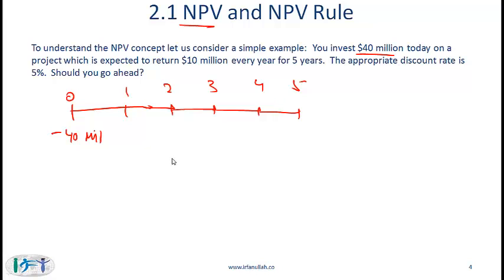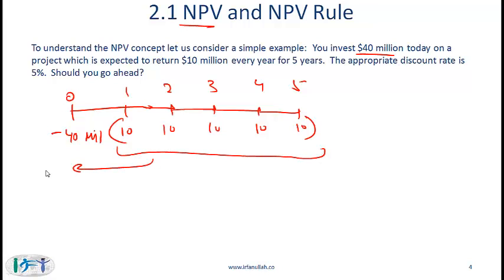I assume you have been through the earlier lectures and you know that an annuity of 10 million every year for 5 years will have a present value at time zero of 43 million.